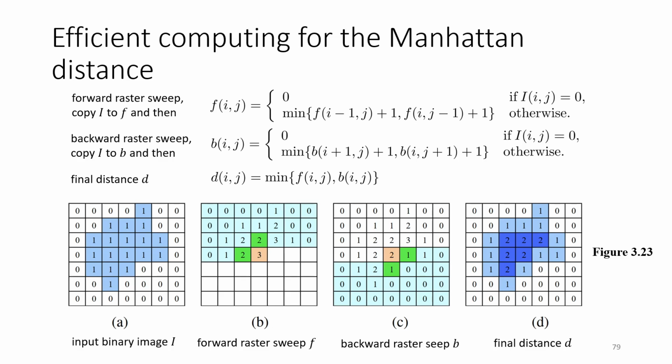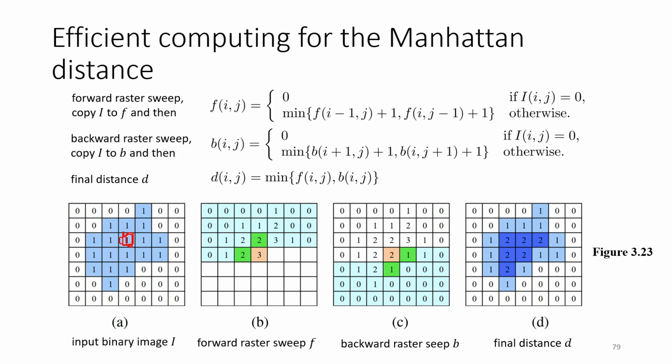How to do it? Let me take this pixel. What is the Manhattan distance? Manhattan distance means the shortest number of steps from this pixel to any pixel with a value of 0.